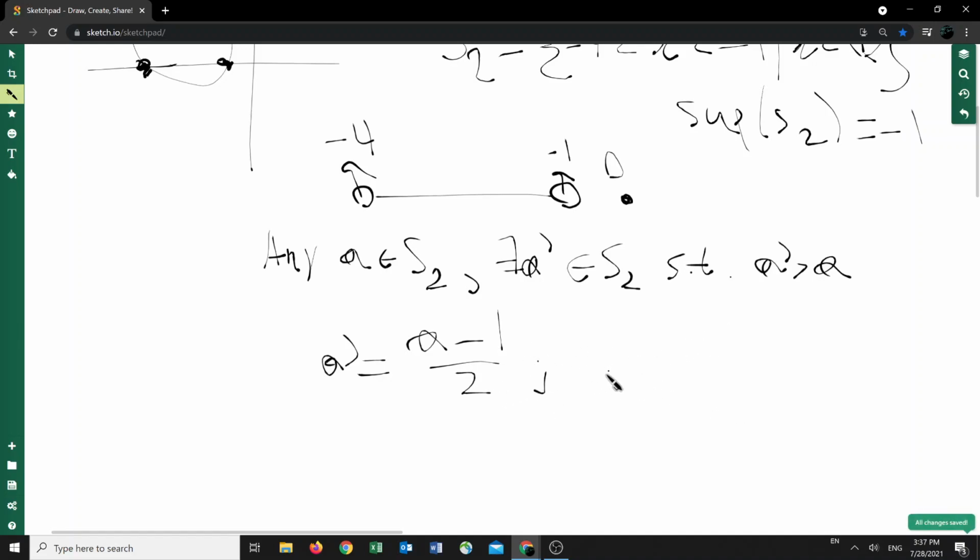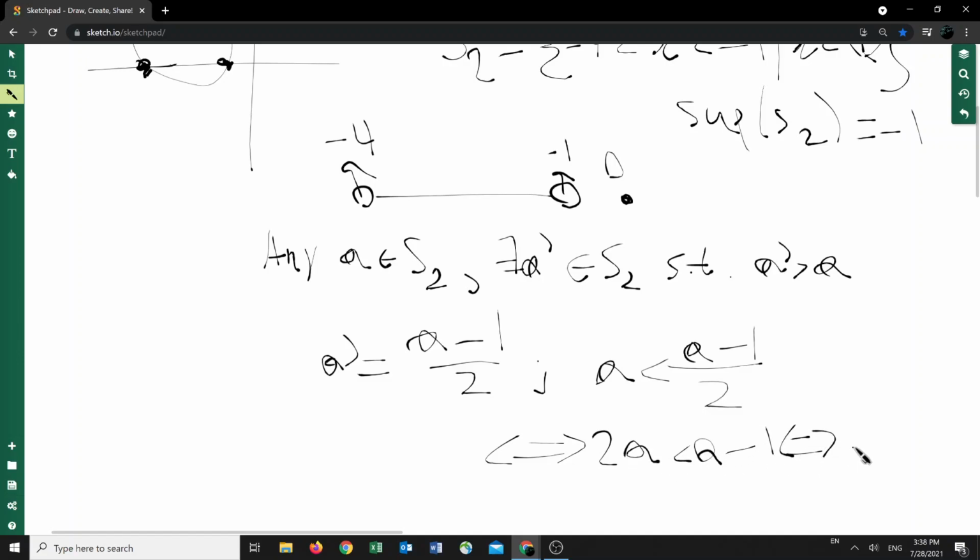Let us show first that a is less than (a minus 1) over 2. Notice that this is true. We can just write a chain of if and only ifs, so equivalent statements. We have 2a is less than a minus 1 if and only if a is less than -1. And this is a true statement, therefore this statement is true. This is true because by definition of a being in S, it has to satisfy that.